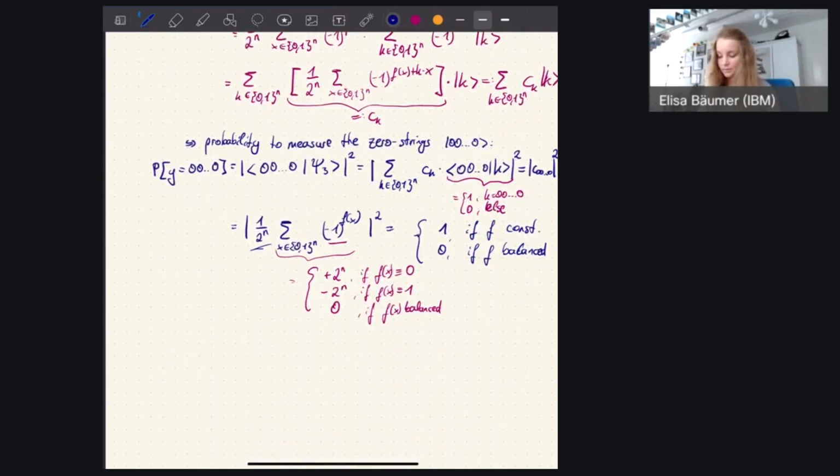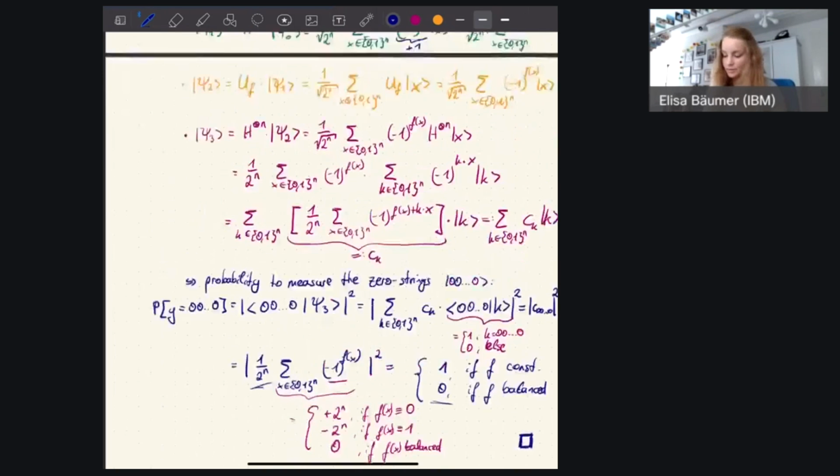So if it is constant, the probability is 1, so we have a 100% chance to definitely measure the 0-bit string. And if it's balanced, we have 0 chance to measure the 0-bit string, but we will measure anything else. So yeah, this proves that we can indeed, with just one query, determine whether the function is constant or balanced.